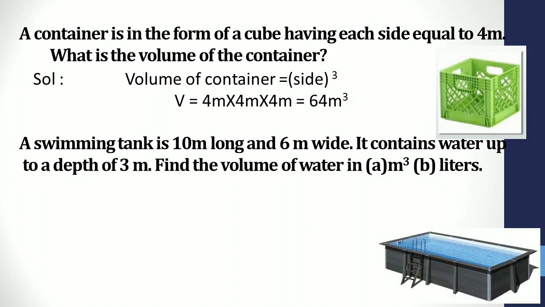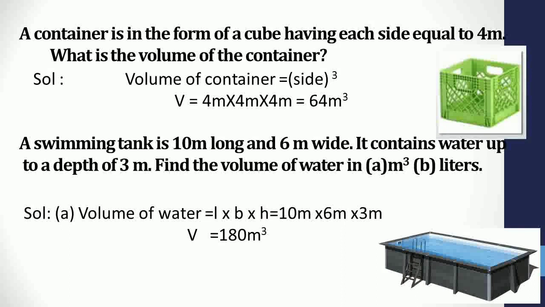It contains water up to a depth of 3 meter, that means the depth of that tank is 3 meter. Find the volume of water in meter cube and liters. Here we'll get two answers, because we have to find the volume in both meter cube and liters.